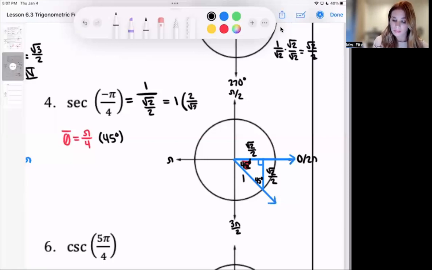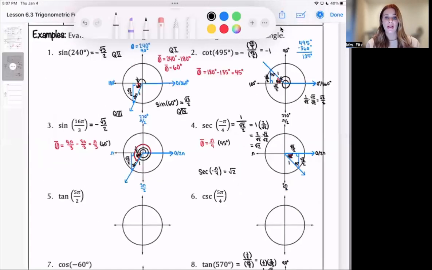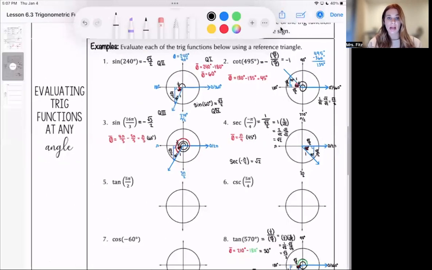We get 2 over root 2, which we can rationalize. And it just equals 2 root 2 over 2, which is just root 2. So secant of negative pi over 4 equals root 2. All right, so see how you do not need to memorize the unit circle to evaluate these trig functions.